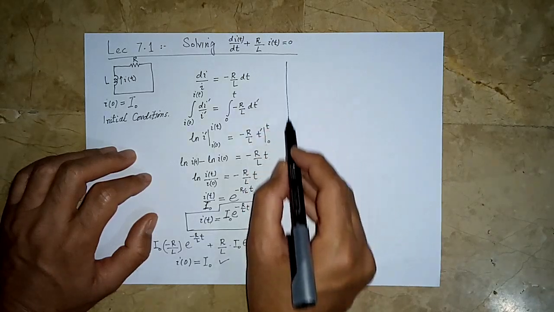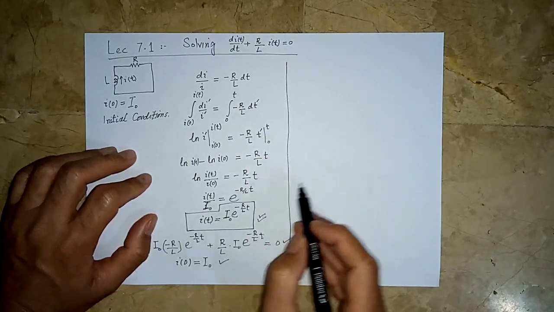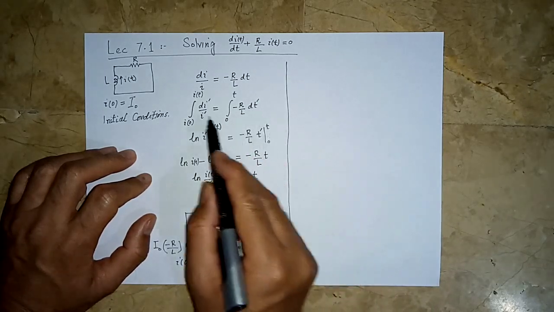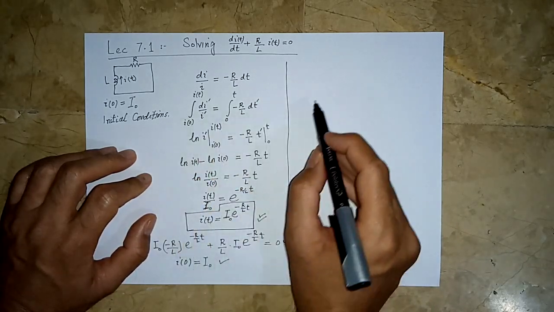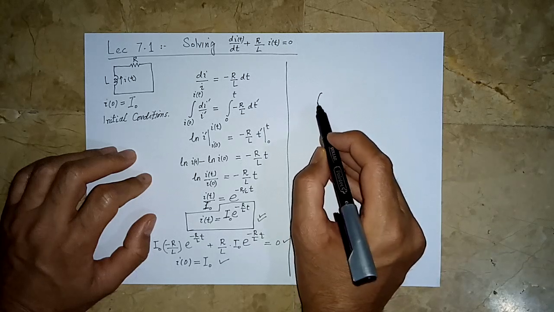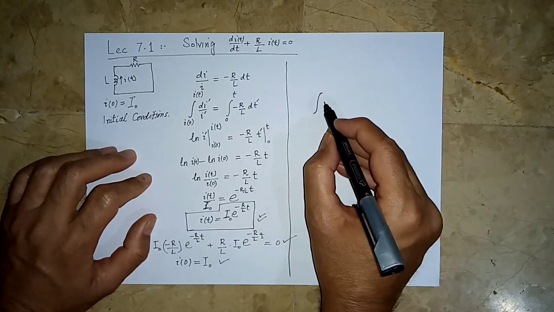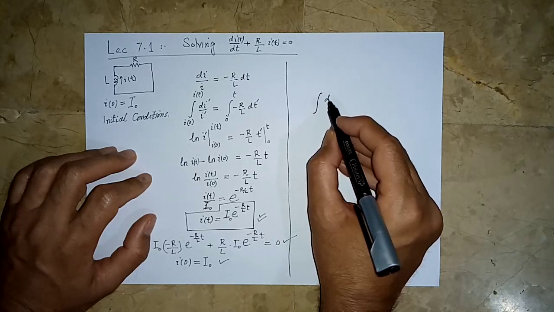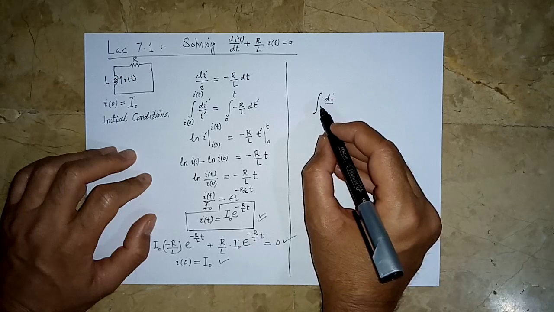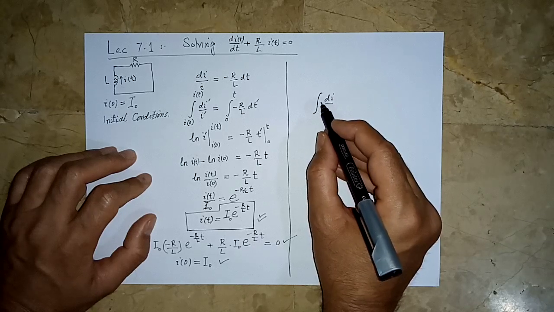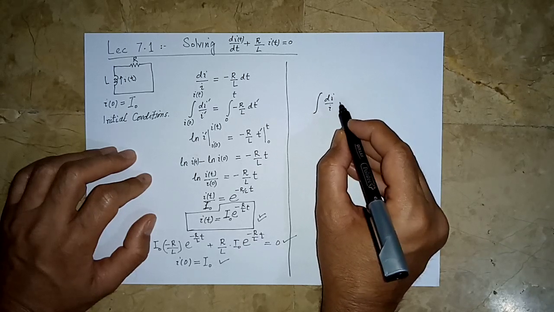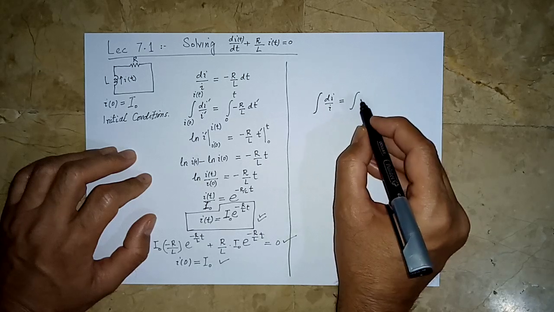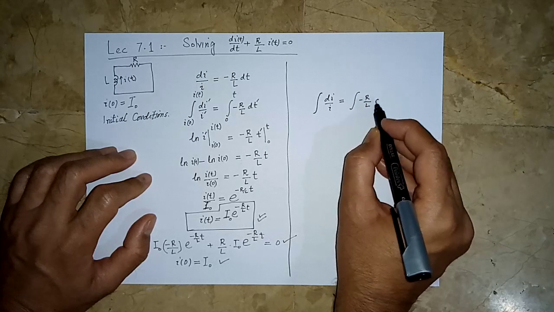Let us in this same video look at another way of solving differential equations. So instead of these definite integrals, we could have resorted to using the antiderivative, and that is the indefinite integral, equal to minus r over L dt.